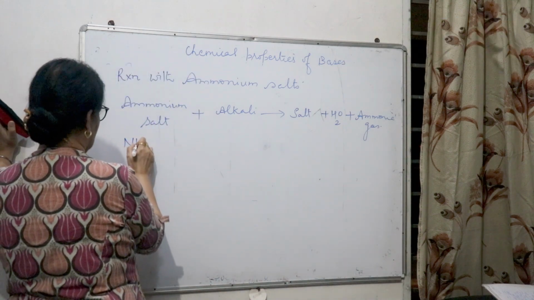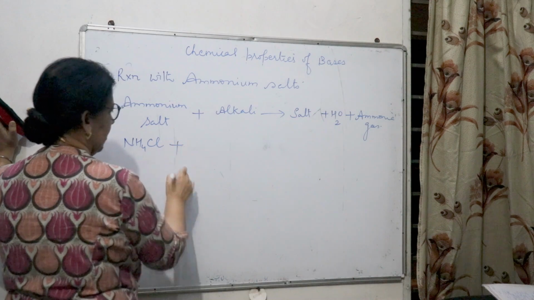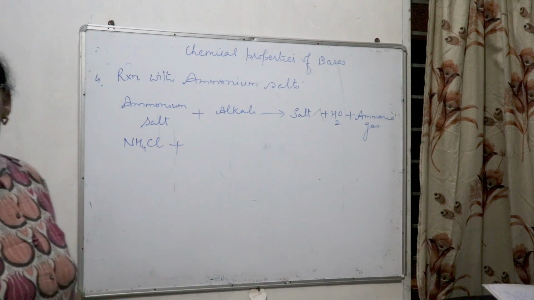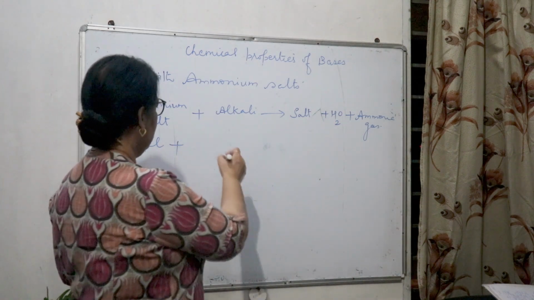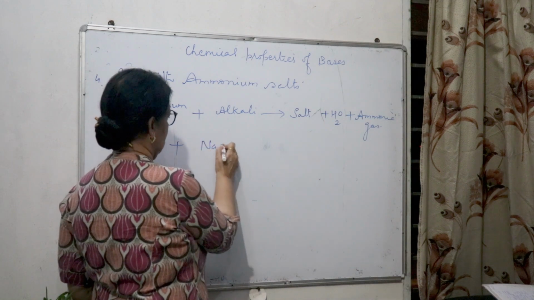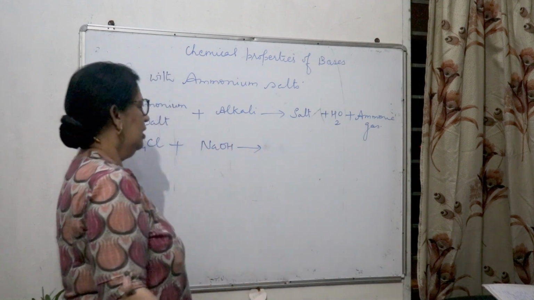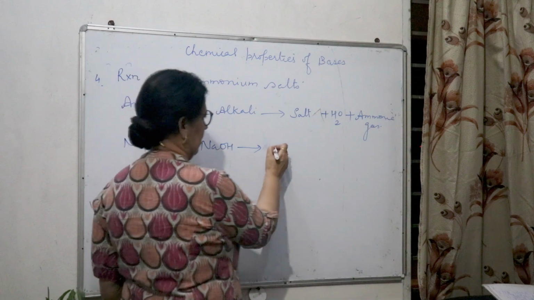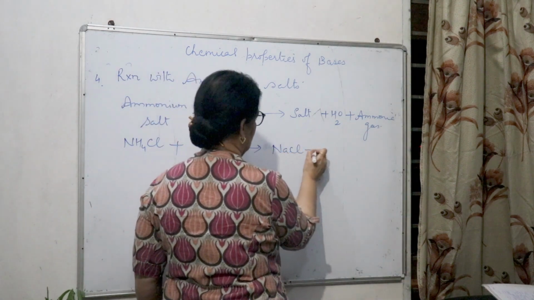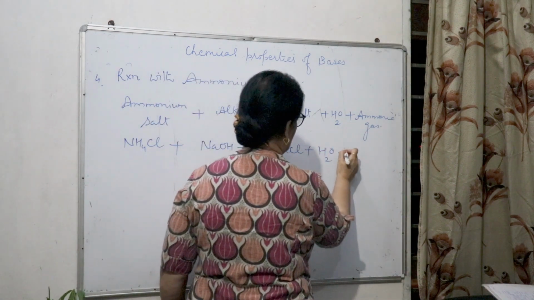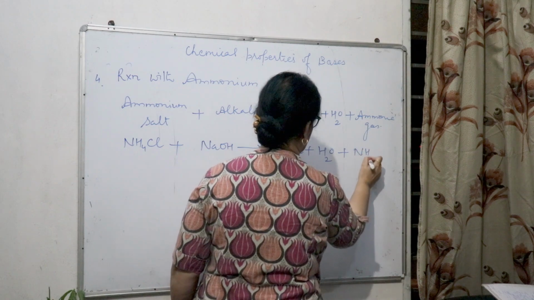And here we'll take the ammonium salt, that is ammonium chloride. Ammonium chloride plus alkali, that is NaOH, gives the salt NaCl plus water plus ammonia gas.